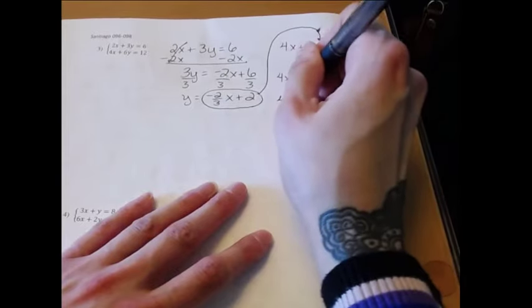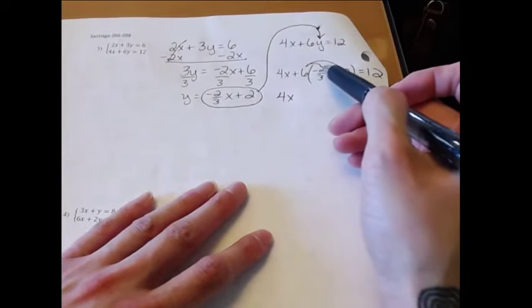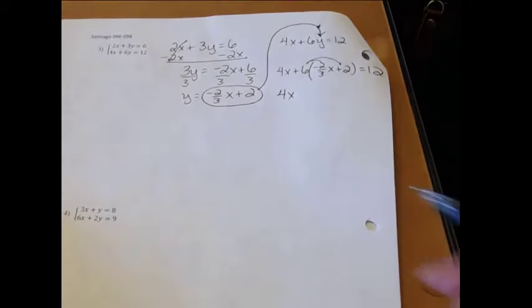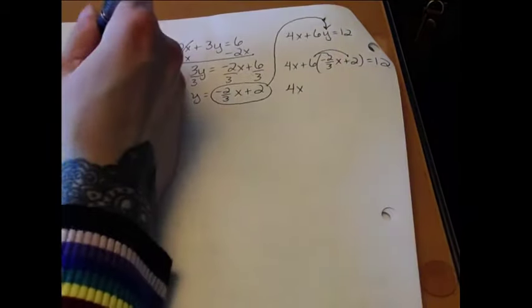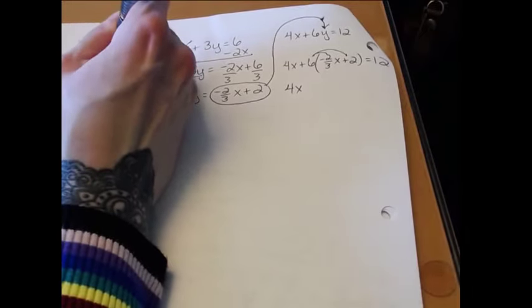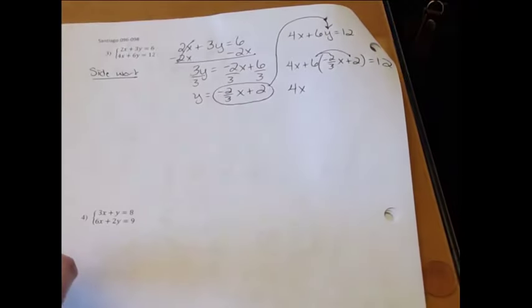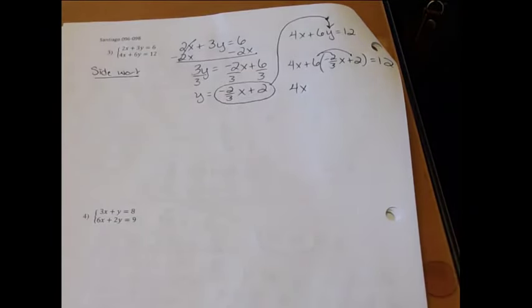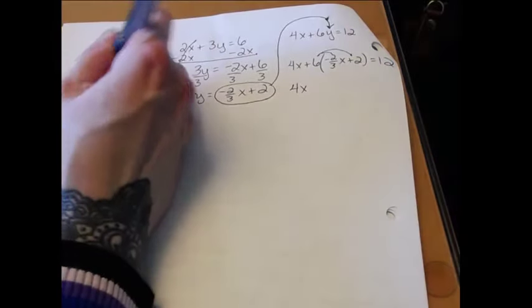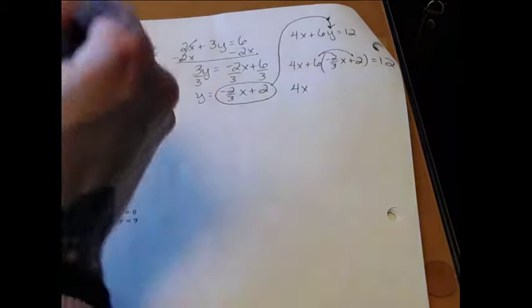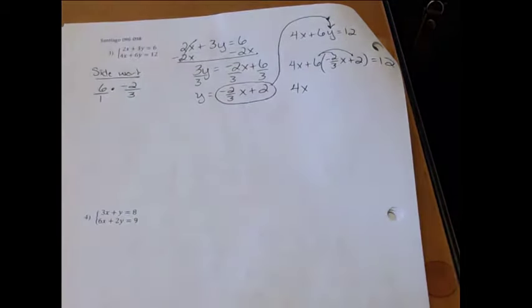We get 4x, then 6 times negative 2/3. Remember, that's like 6 over 1. I'll do some side work for you guys. Even though at this point, you guys should be masters at multiplying, dividing, adding, and subtracting fractions. So 6 times negative 2 over 3. That 6 we can write as a fraction, written over 1.